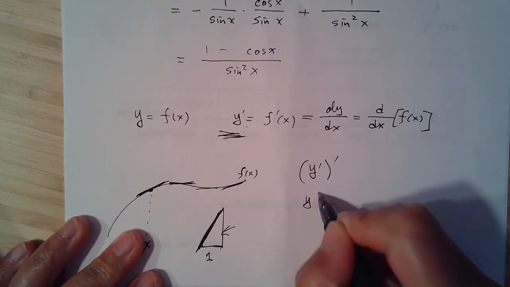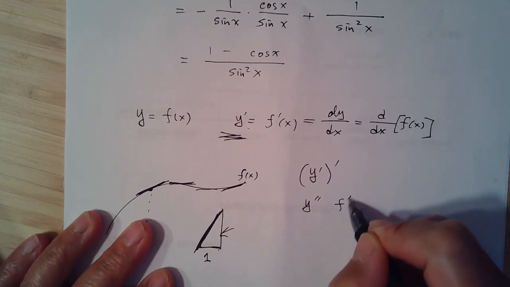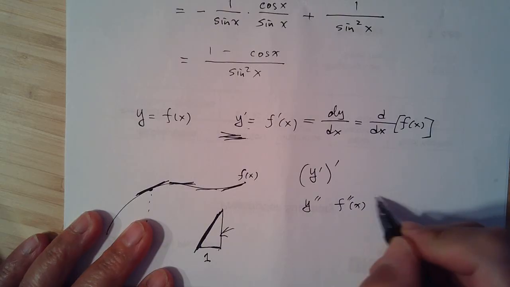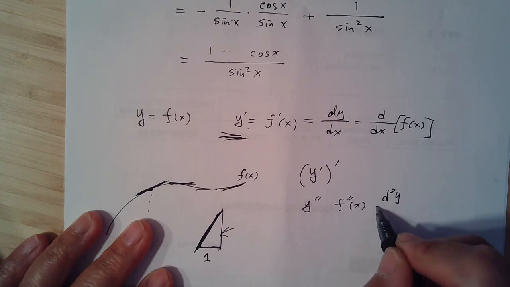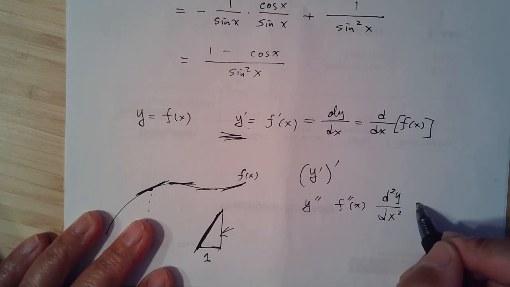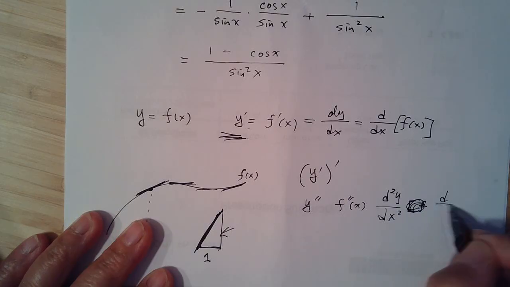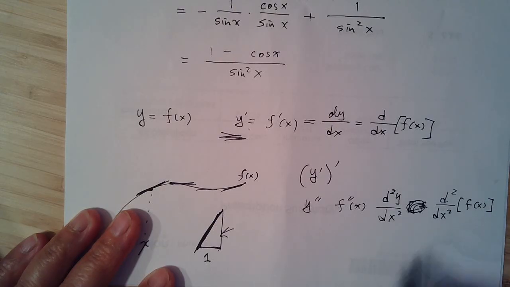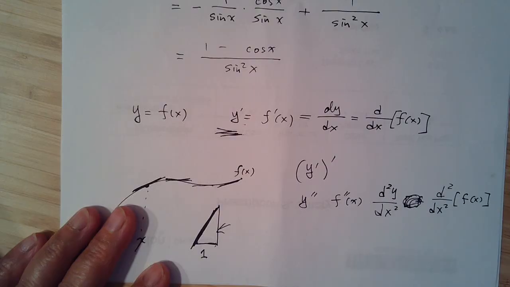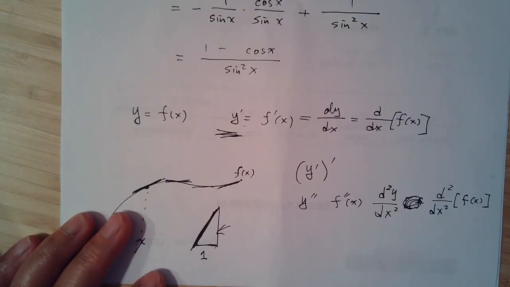So you can write either y double prime or f double prime x, okay, or let me write it, it's going to be d square y over dx square, or you write d square dx square f of x. So they're exactly the same expression. That means the second derivative. That means once you have the f of x, you take the first derivative, and then you take the derivative of the first derivative again, so you get the second derivative.